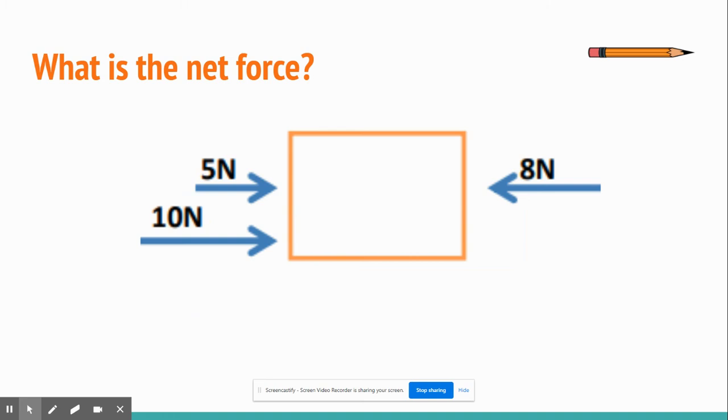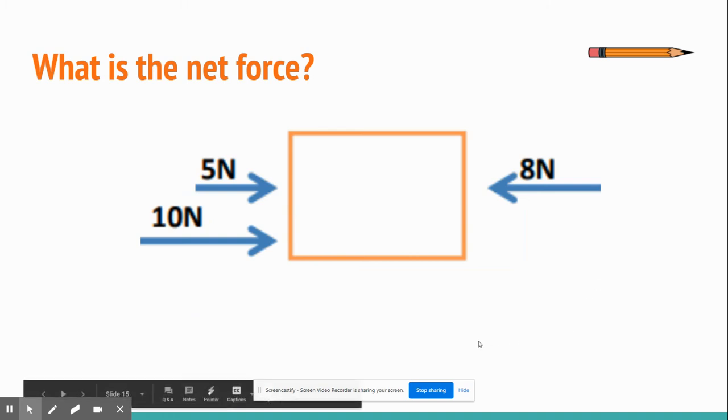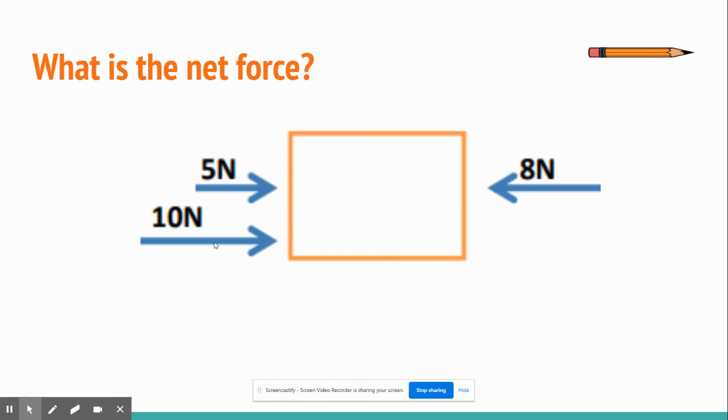Here's another one. This one's a little trickier. I have a 5 Newton force and a 10 Newton force in this direction, and I have an 8 Newton force in this direction. So the net force, 10 and 5, that's 15 newtons in this direction, but only 8 newtons in that direction.